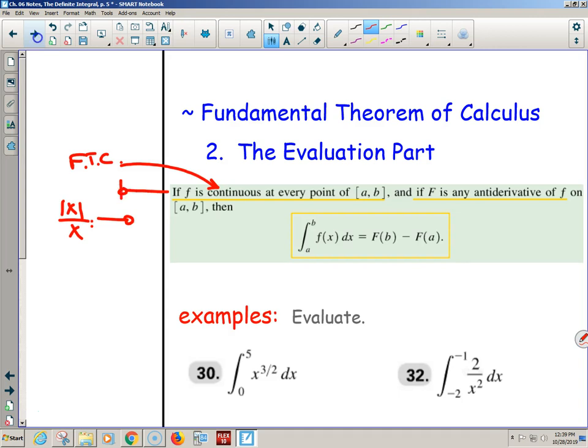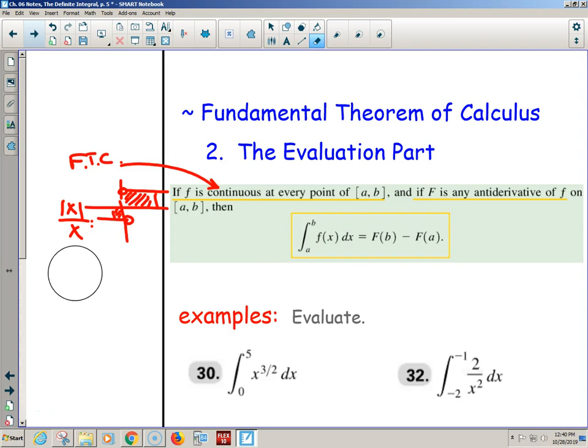Couldn't we still find area under this curve if we wanted to, right? That one hole, that one discontinuity doesn't mean that we can't have a definite integral. The definite integral would exist for something that's not continuous, but FTC specifically, this whole idea of antiderivative of b minus antiderivative of a to solve for it, only works with continuous functions.